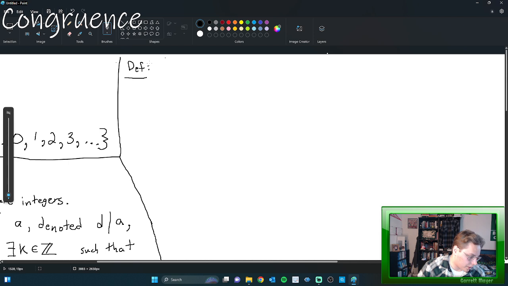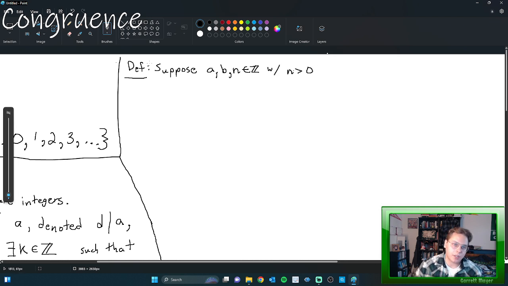So for our definition of congruence, we're going to suppose that a, b, and n are all integers with n being greater than 0. So n is actually a natural number in this context, because n is greater than 0. It's a positive whole number, basically.